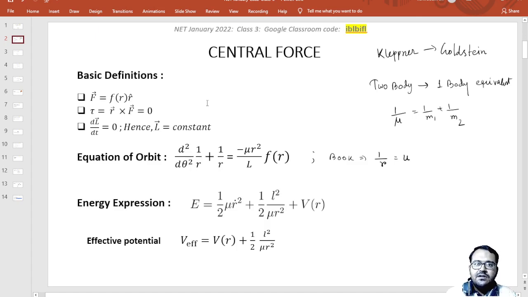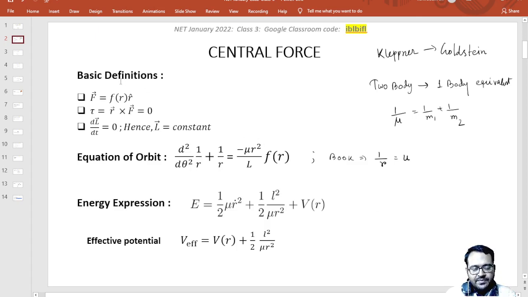For example, most of the forces we encounter in nature, say gravity, Coulomb's force, even nuclear forces, are all central forces.